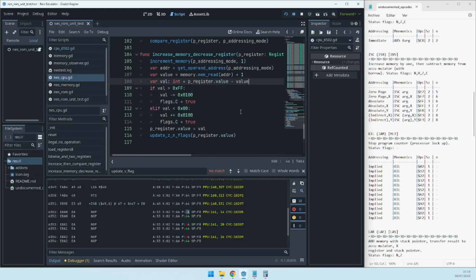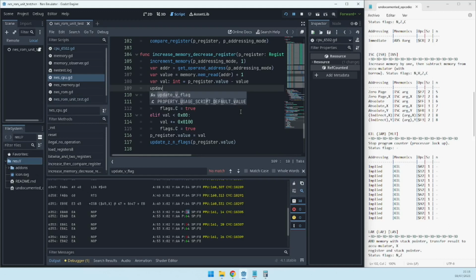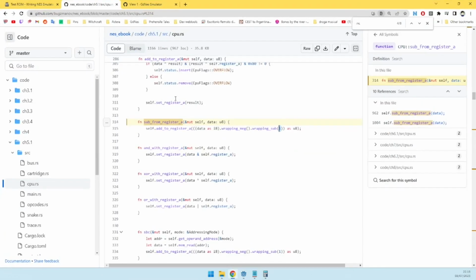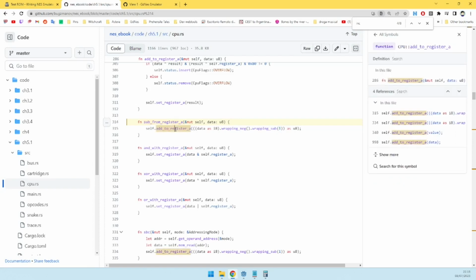And let's try this. Update v flag. The previous. No, what was PA and PB? It's so frustrating. What does this do? Add to register.